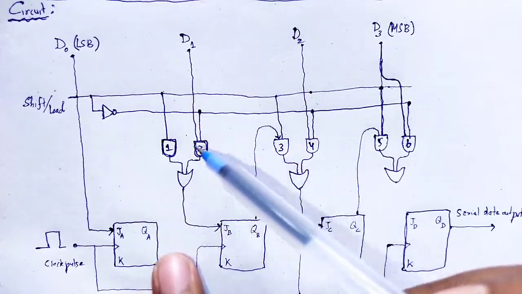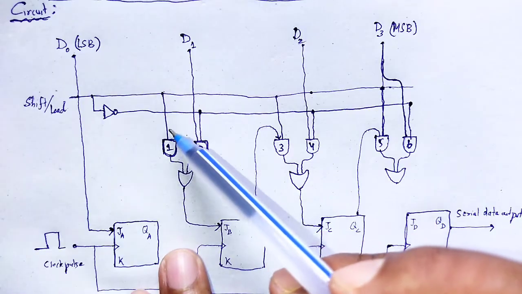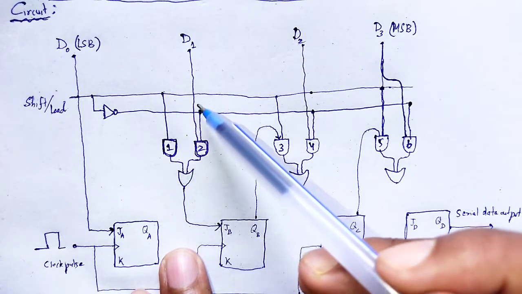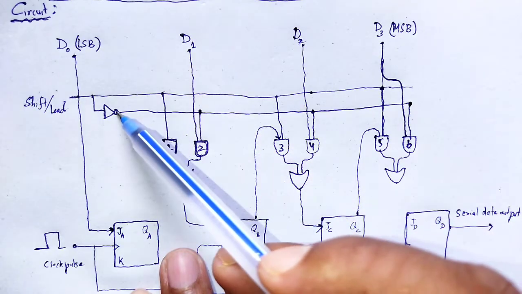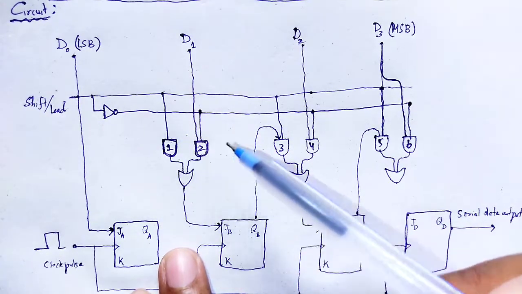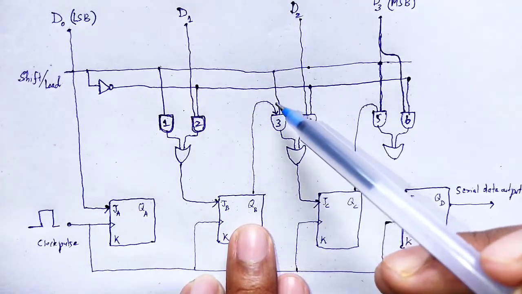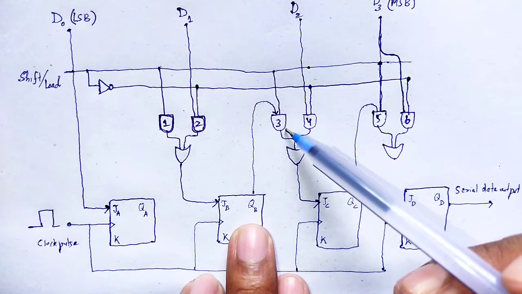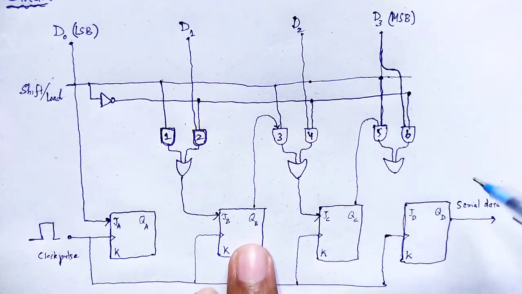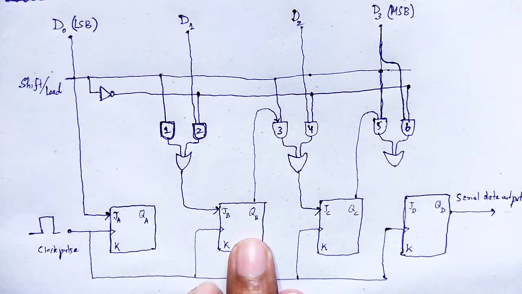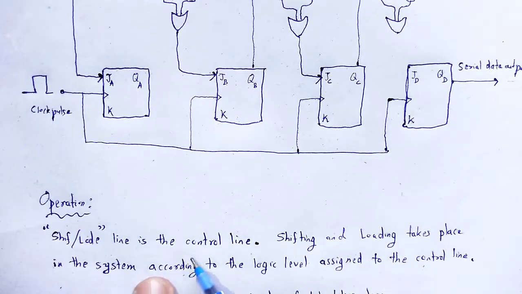In that way, here the control line goes to the AND gate, D1 is the input, and another line goes to the OR gate, that is JB. Next at QB, that is the input to the third, D2, D3. The serial data output we obtain. So what is the operation? The shift load line is the control line.